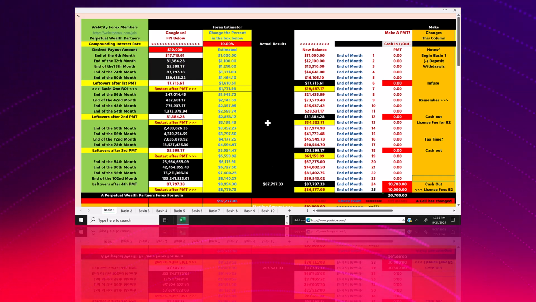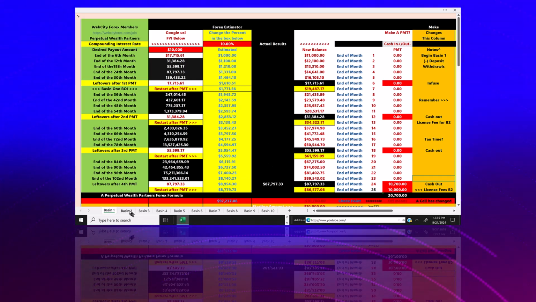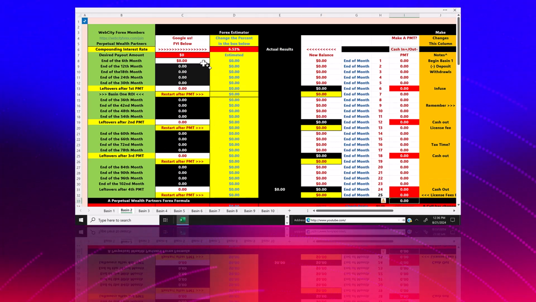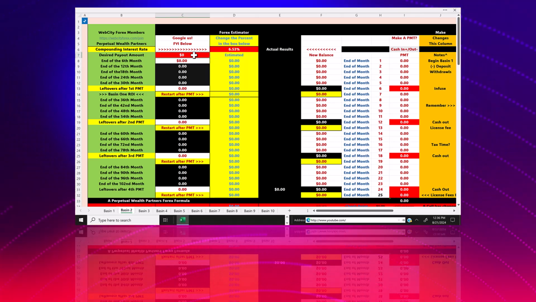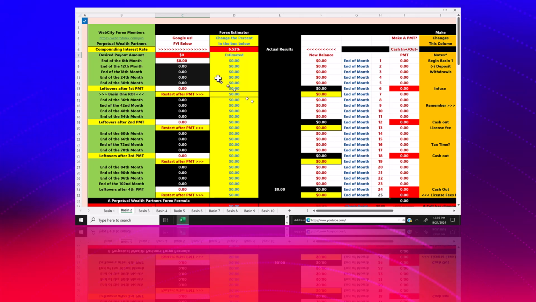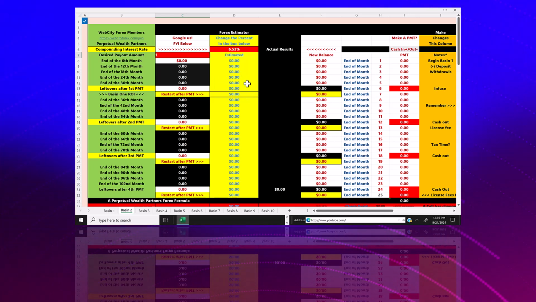All right, so let's go to basin 2 and see what got installed here. It should have been $10,000. Let's see. I'll have to go back and work on this. So anyway, it should be 10,000.